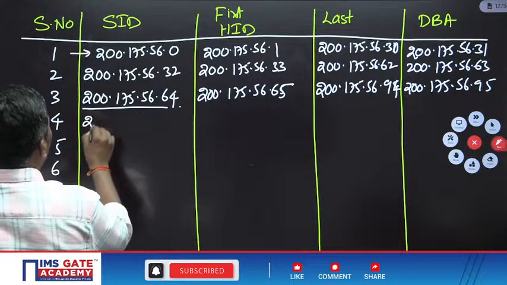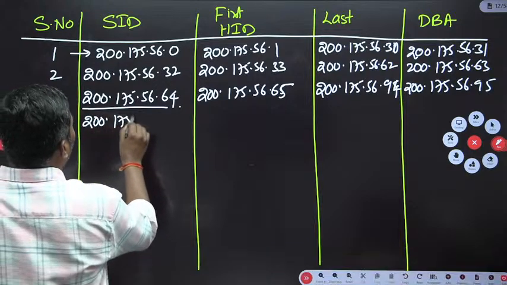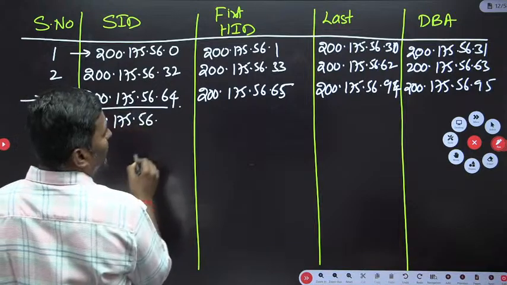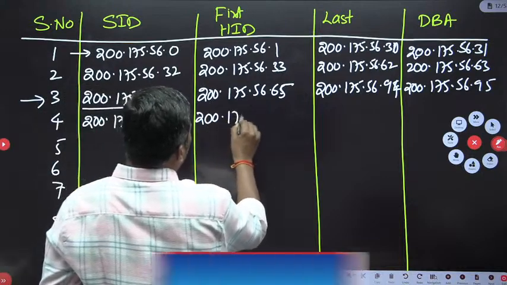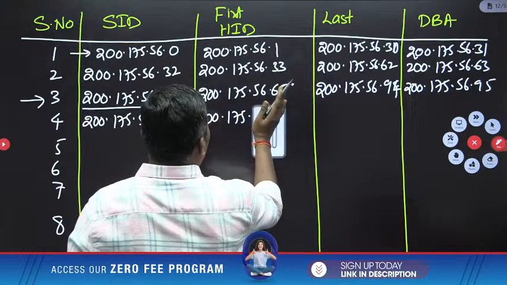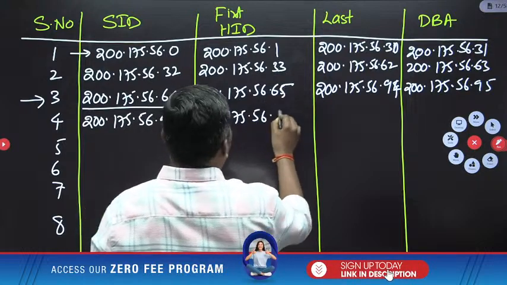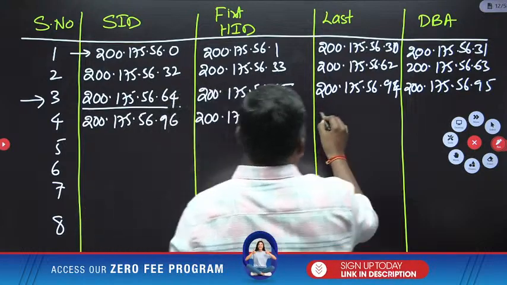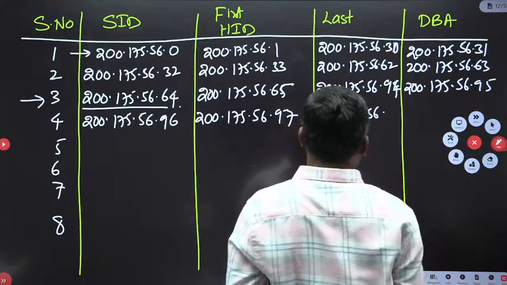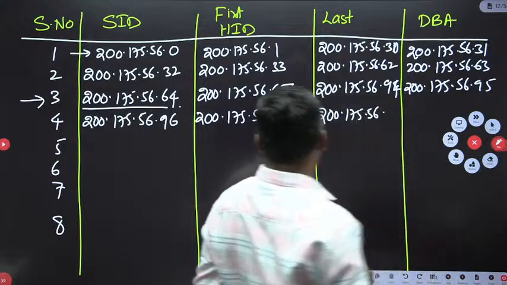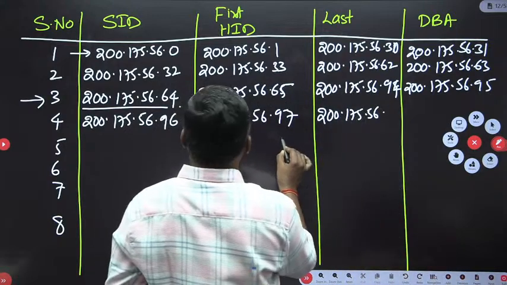Fourth one is what? 200.175.56 dot, so 96, 200.175.56.97. 200.175.56 dot, what is this value? 31 I should add it now.